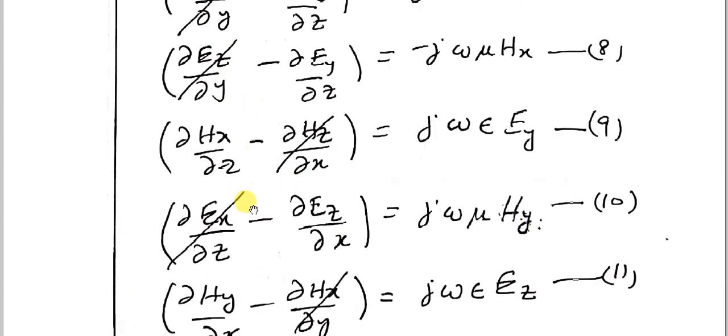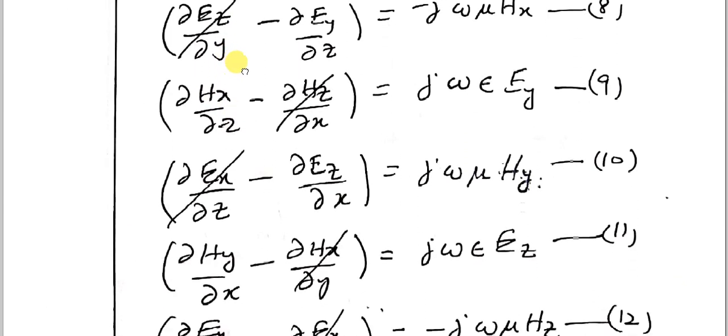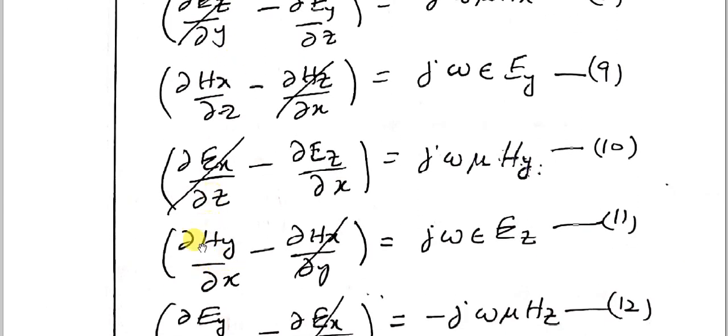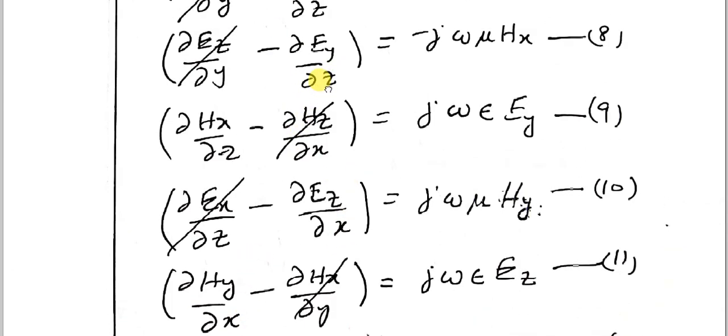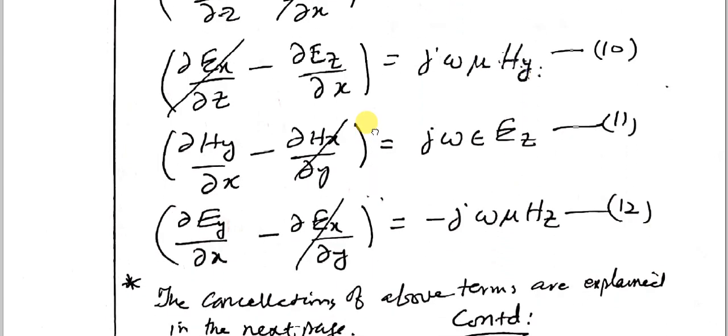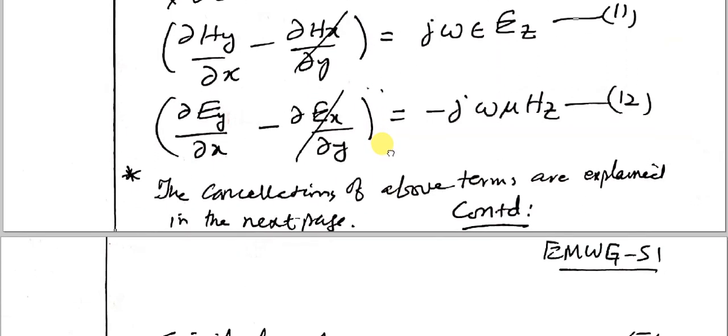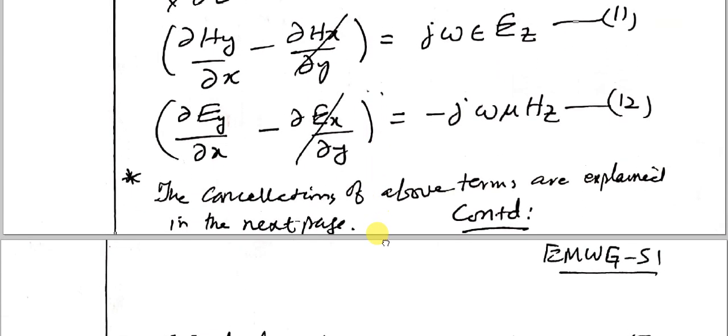Only variation we are taking, the propagation is taking place along z, and the variation along x. So the delta by delta x and delta by delta z components will survive, only those differential operators will survive. So we now have these component parts of H and E both.